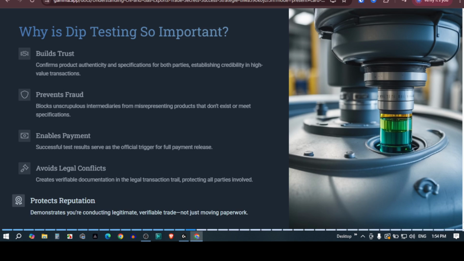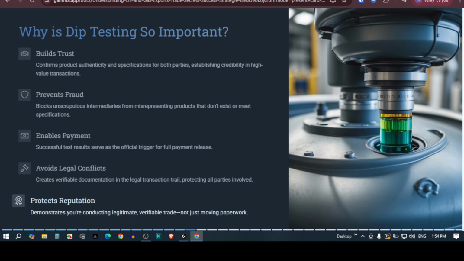So it also protects the reputation of the sellers, that they are selling a good product. So dip test is important. Whatever the good or bad of the product, it will be mentioned in the dip test. So no worries for the buyer and also for the seller.